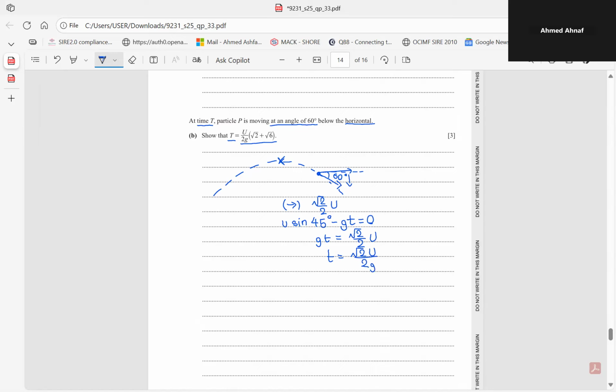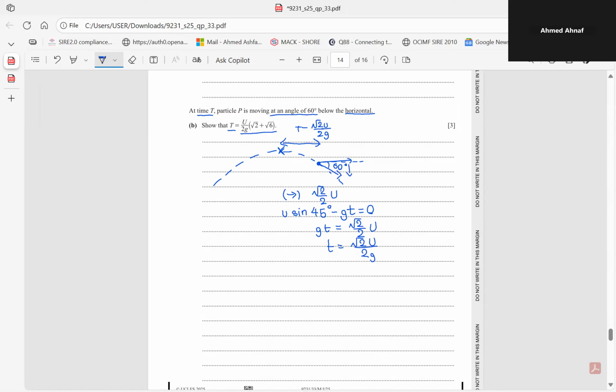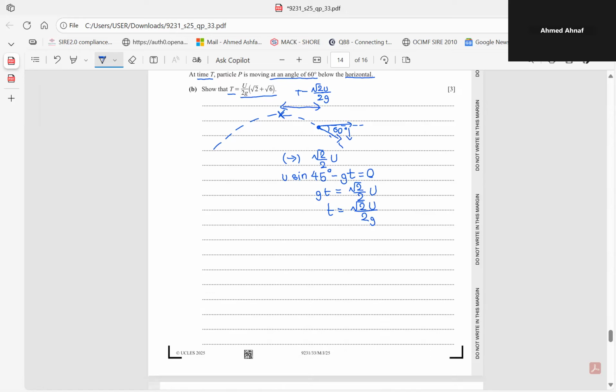Okay, so this is the time taken. So for the time taken to get from here to here, it's just t minus square root 2u over 2g. Okay, let me think about how we can relate this.